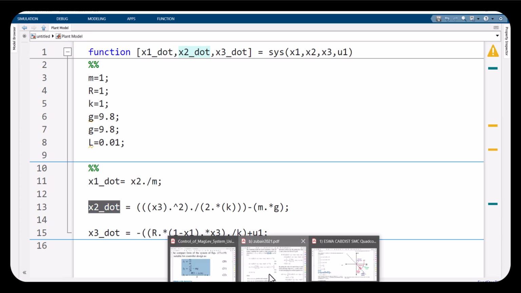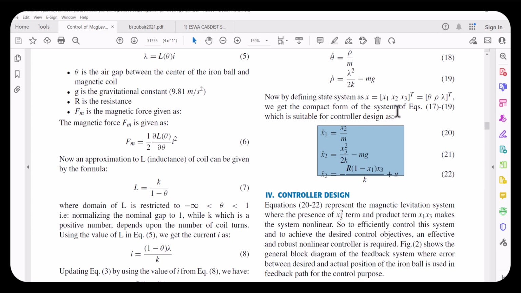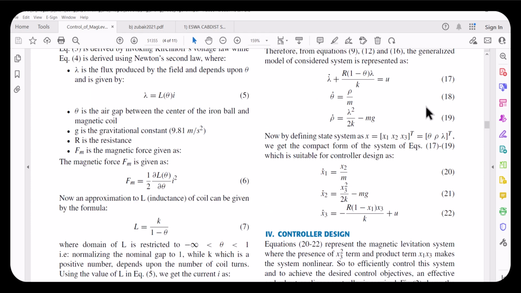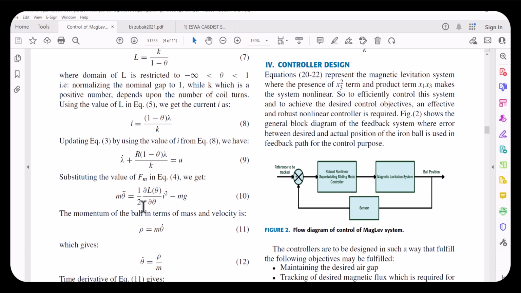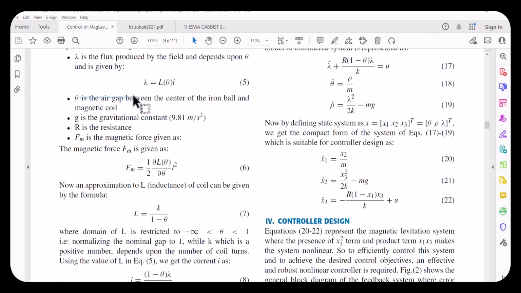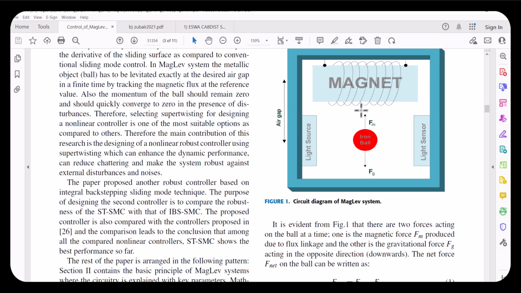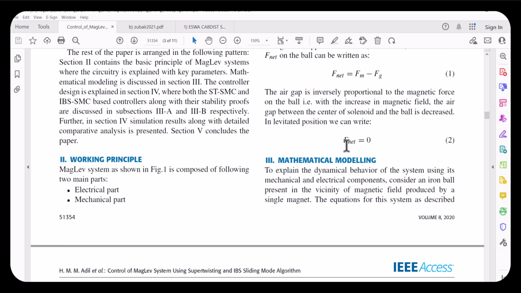For example, here x1 represents theta, which was, I believe, the air gap between the center of the ball and the coil. If I compute x1, I would know this distance, and that's the information that I want.